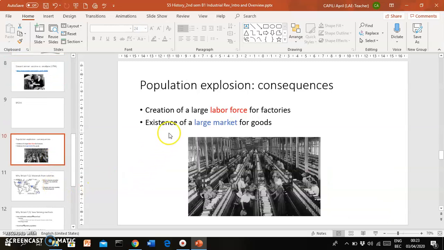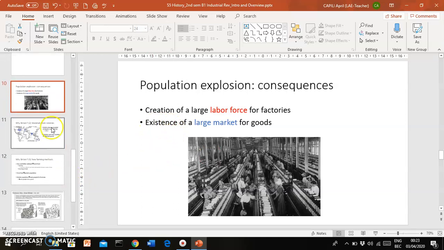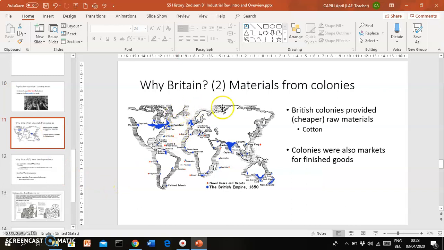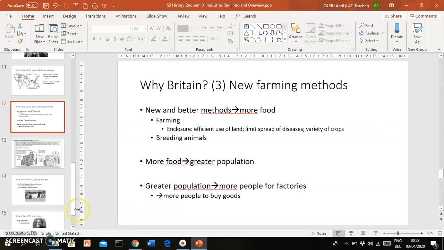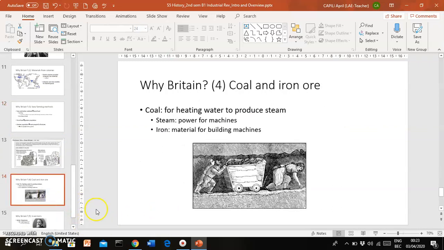As a consequence, a larger population, a bigger workforce, and then you have more consumers. Britain had colonies from which it could extract raw materials. In Britain, people developed new farming methods so that more food was produced. Okay, farming became more efficient.